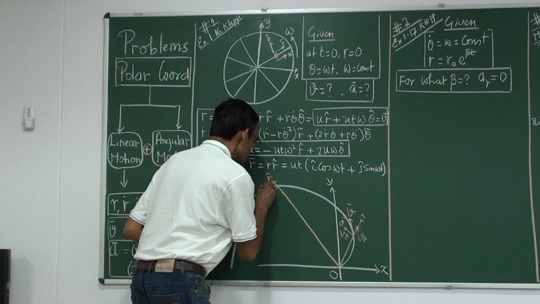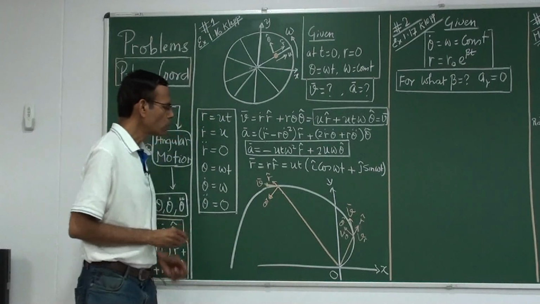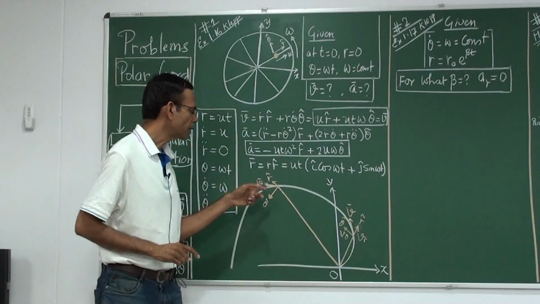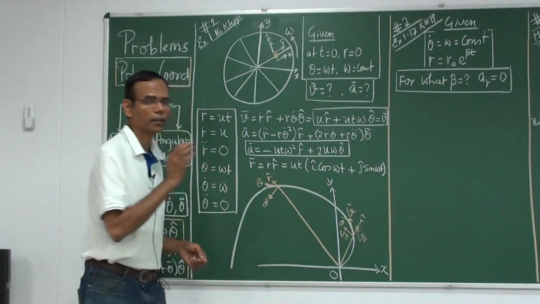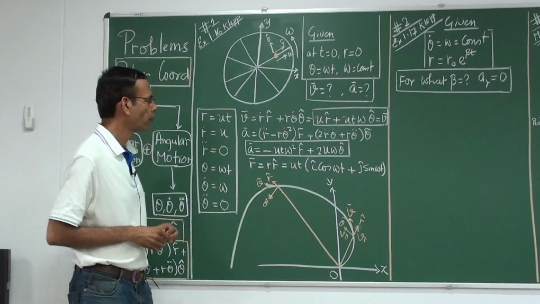This is your velocity vector, that is your v. So as you can see, at every point I can find out the velocity, and this is the trajectory of the particle. I hope this is clear to you.